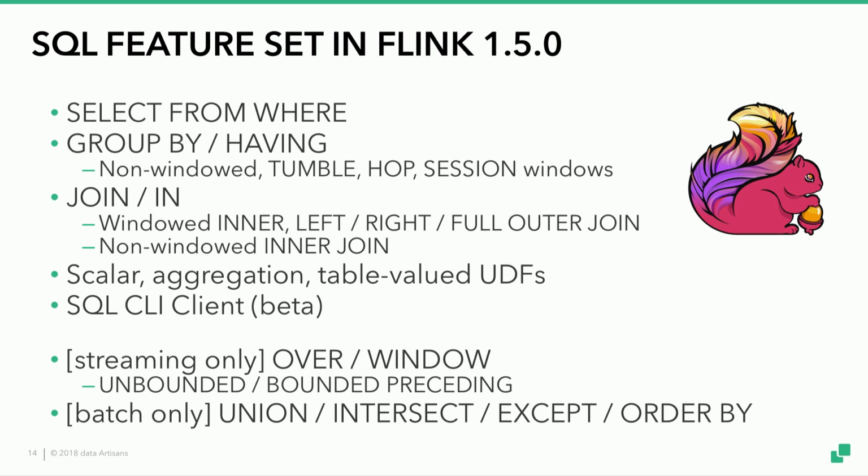So we support regular group by queries, so non-windowed aggregations on streams. But you can also do a windowed aggregation. So we provide three different types of windows: tumble windows, hop windows, also called sliding windows, and session windows. I will show you an example later.